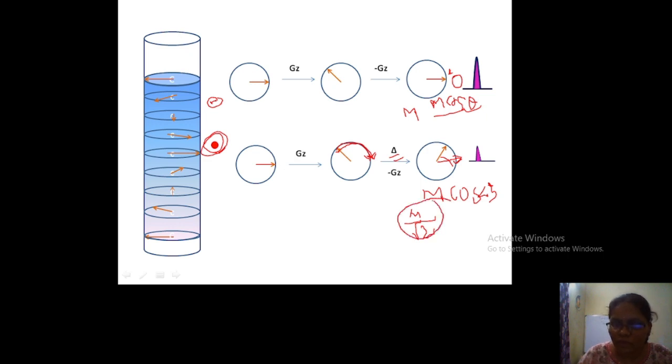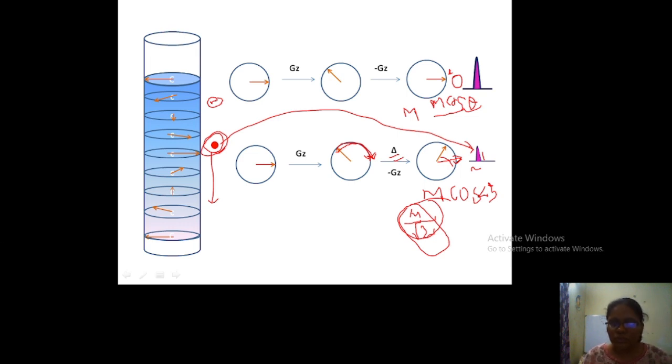So there will be a decrease in intensity, since the detector is only detecting the component of the magnetization vector. So we have seen that as the molecule diffused, there was a decrease in intensity. If the molecule diffuses farther, there will be still more decrease in the intensity. So this diffusion has something to do with the intensity of the signal.